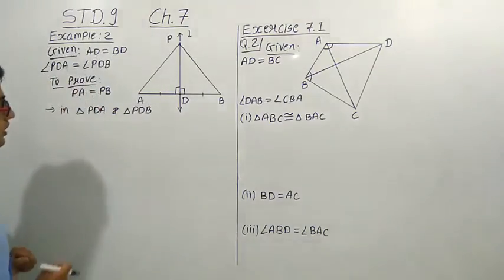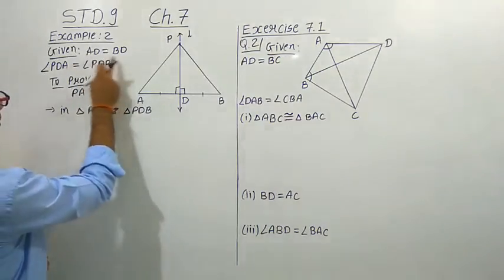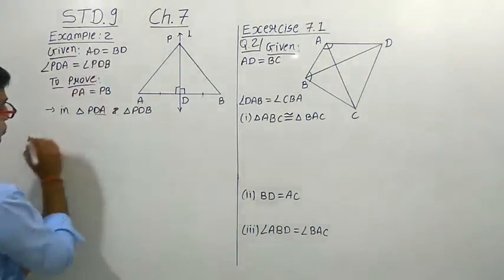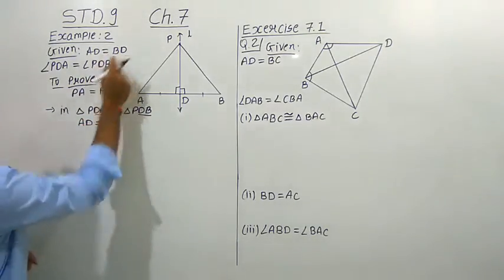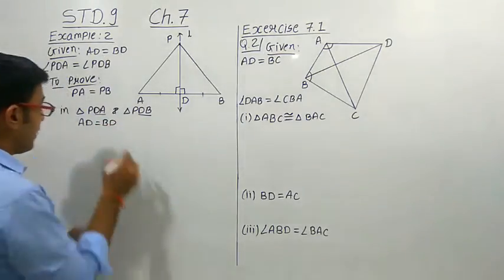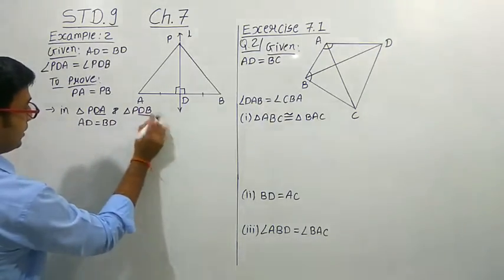Okay, which three things can we write down? One condition we can write from what we have been given: AD is equal to BD. We write from the third letter to the second letter, so here also we write it as it is.